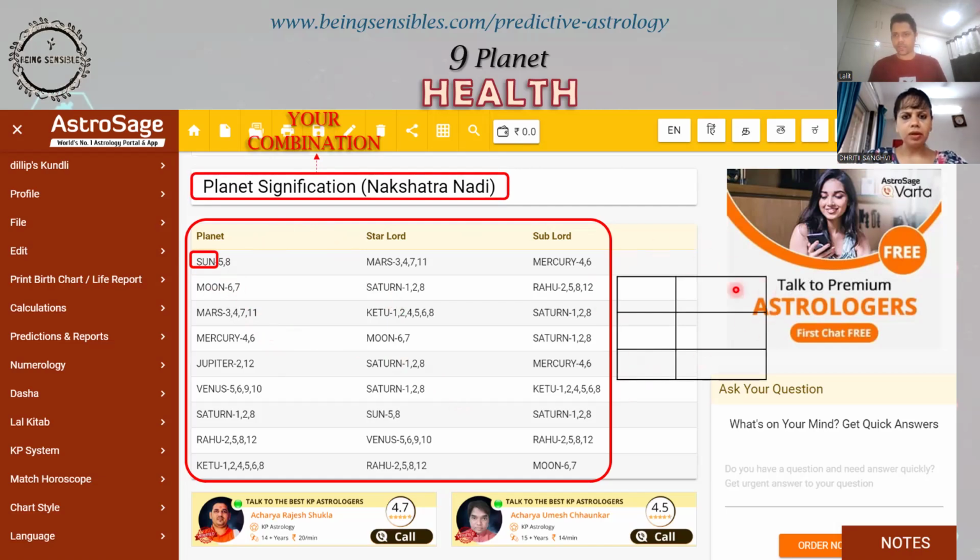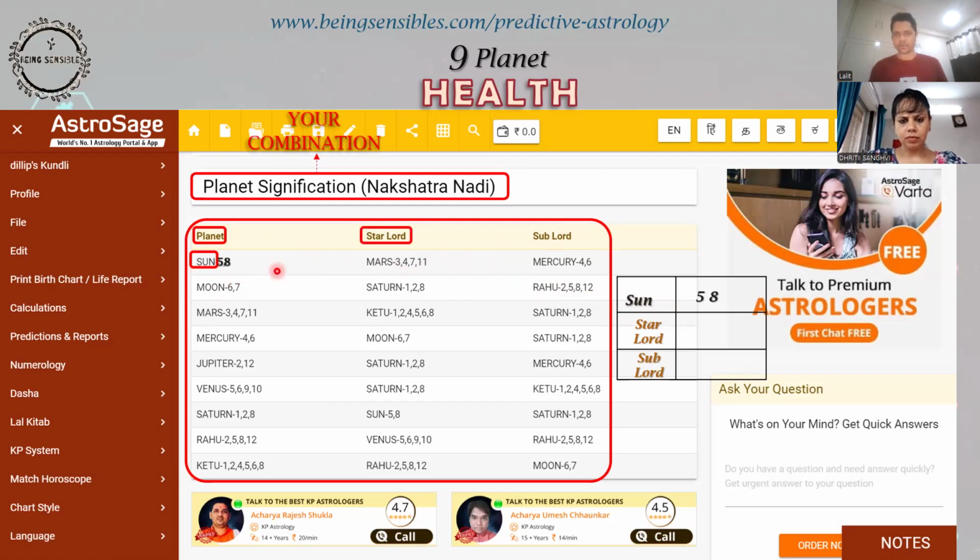Just make three boxes. Write down the sun. Any planet you want to know, sun, moon, Mars, Mercury, anything. I'm starting with the sun. Mention Star Lord and Sub Lord in two boxes. The planet I chose is the sun, which is showing 5-8, so write down 5-8.